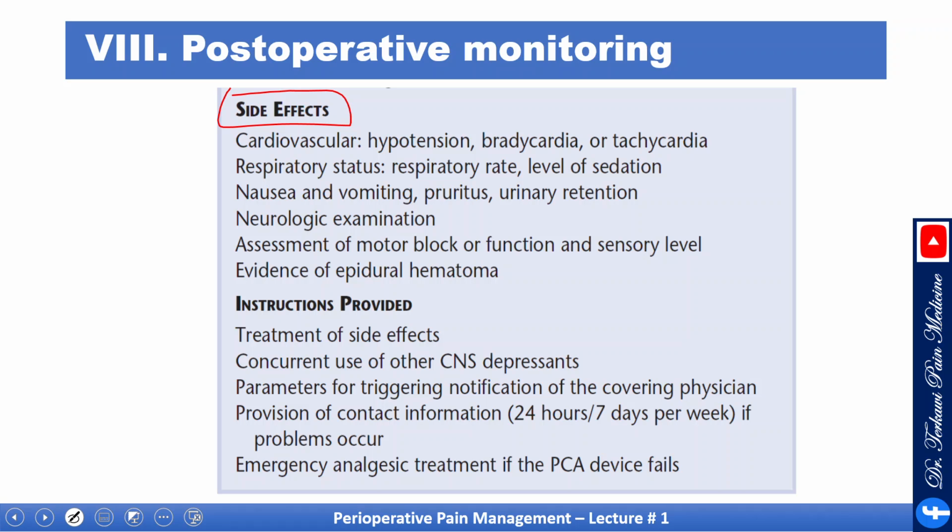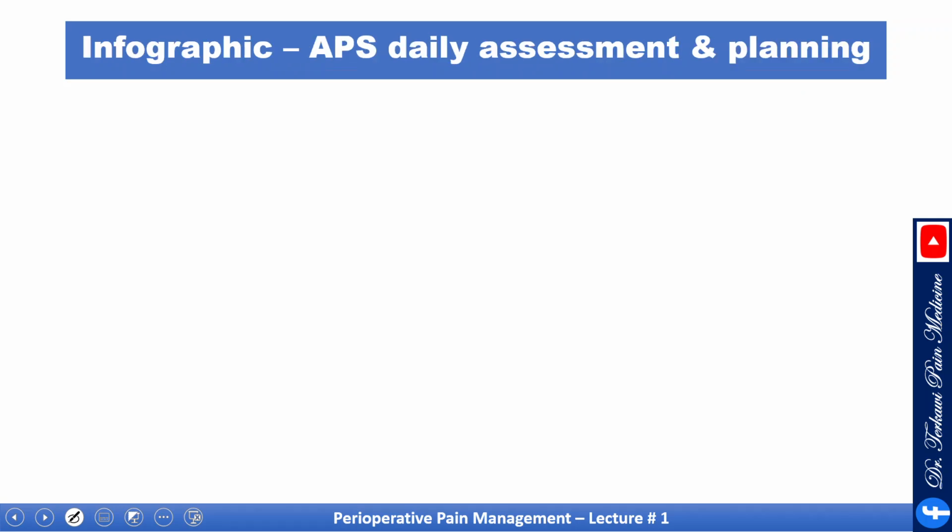And always talk to the patient, give some instructions, educate them about side effects, look for any CNS depression, and set up a parameter that triggers pain notification for the providers. Okay, now let's put things together before we wrap up this lecture.